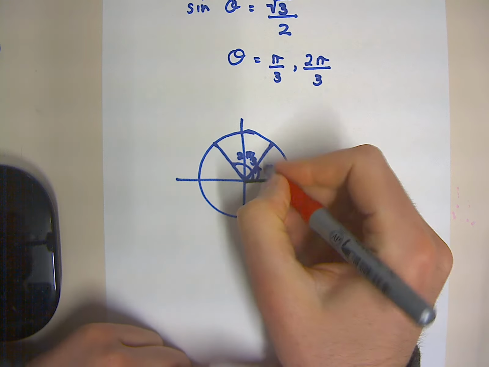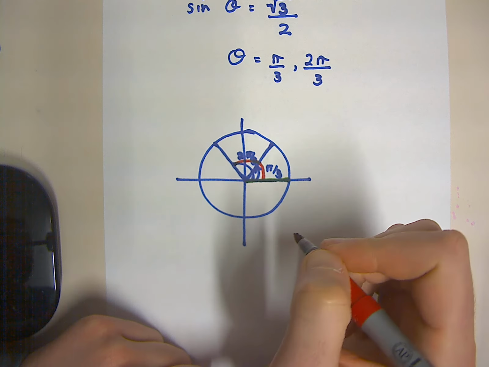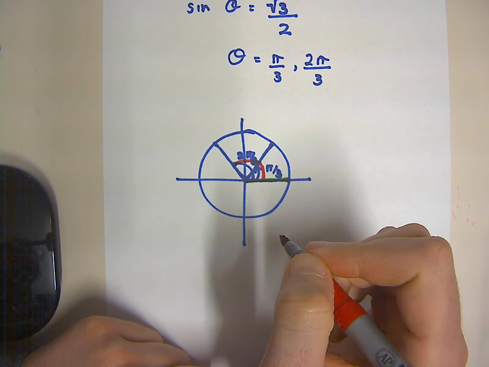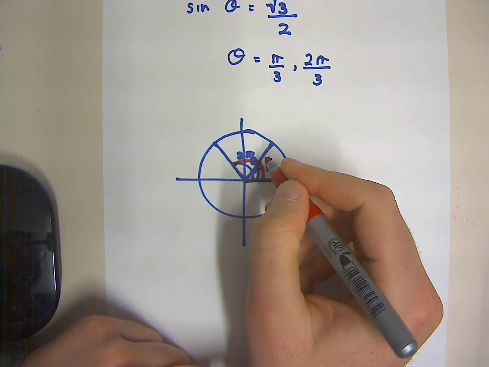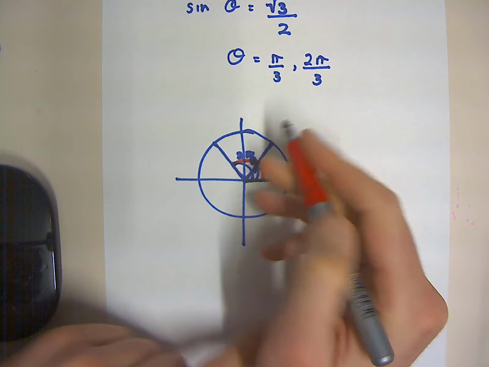So we know from there to there is pi on 3, all the way around there is 2 pi on 3, and that gives us sine of these angles being root 3 on 2.